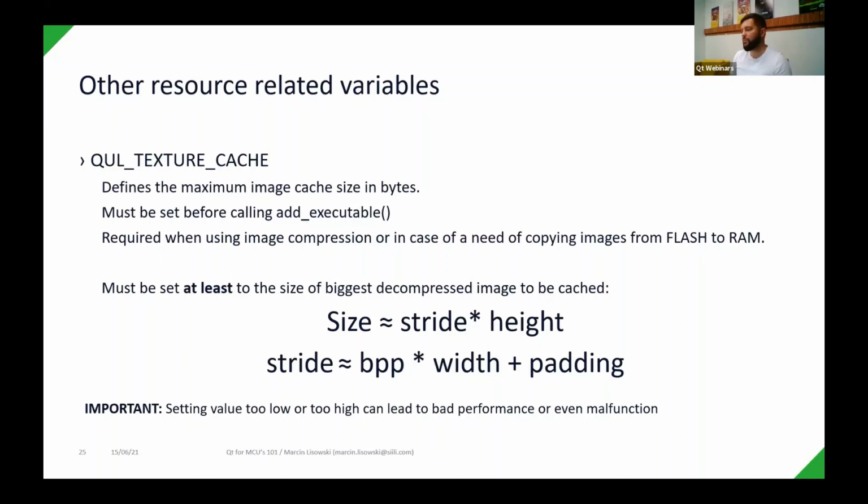All compressed images normally stay in the place where you would like them to stay, and once they are decompressed, they go to the texture cache. And this is a super important thing: if you are going to use compressed images, you have to set the value of this variable, the texture cache, to at least the size of the biggest decompressed image.